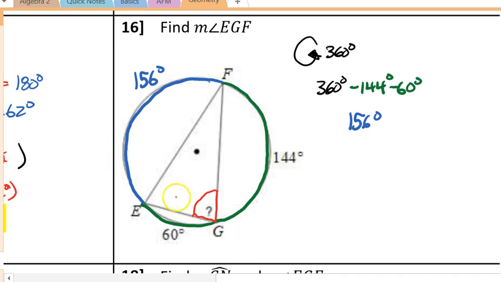Well, how does this arc relate to this angle that we're looking for? Well, this angle is once again on the circle. So if I were to extend it all the way out to where it hits the arc, I would know that this angle measure is half of the arc that it intercepts.